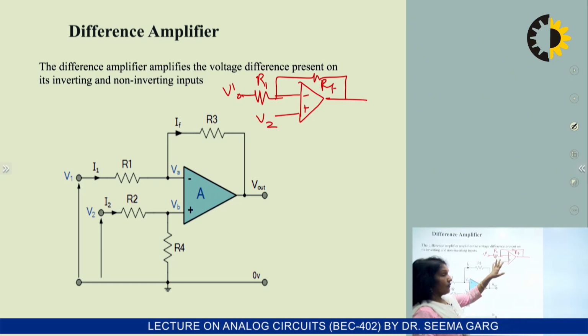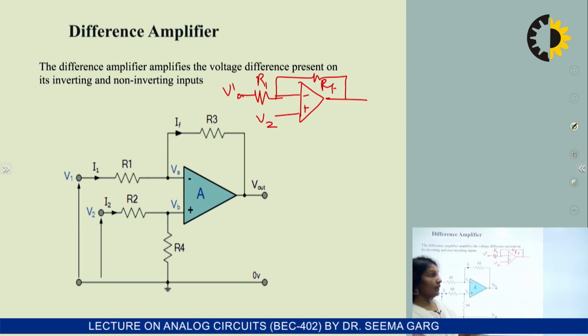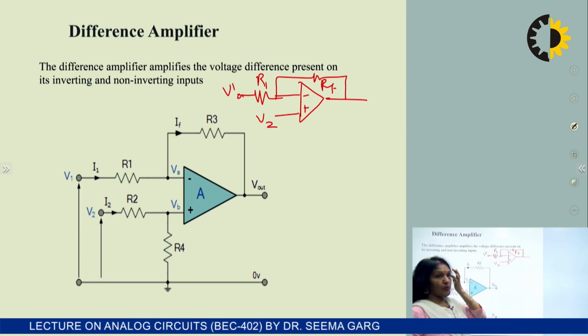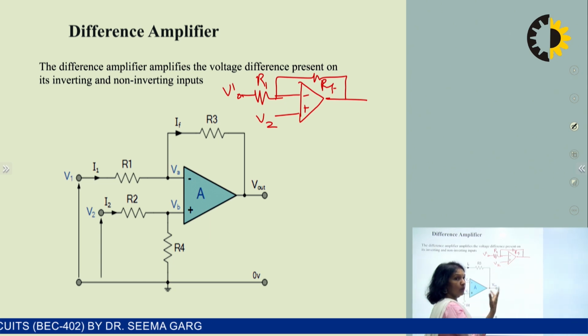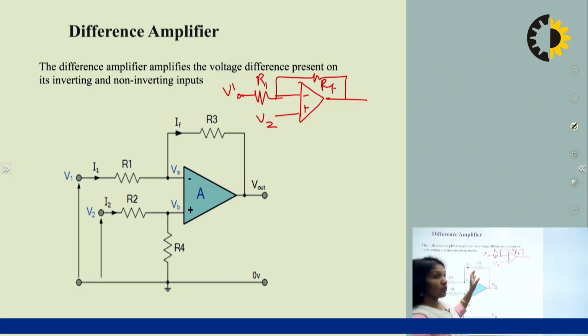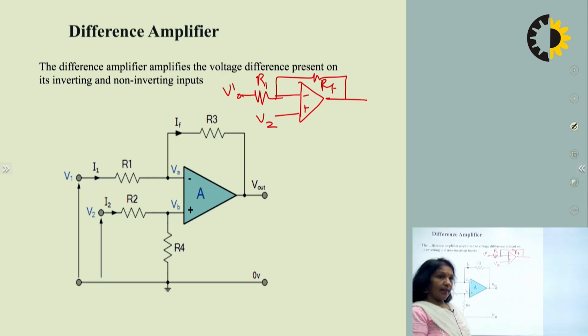Whenever we are applying more than one input signal, we can use the superposition theorem. Superposition theorem says that if you have more than one source in the circuit, we can ground one voltage source and find the output because of the other source, then ground the next voltage source and find the output due to the second source, and then sum both outputs to get the net result.